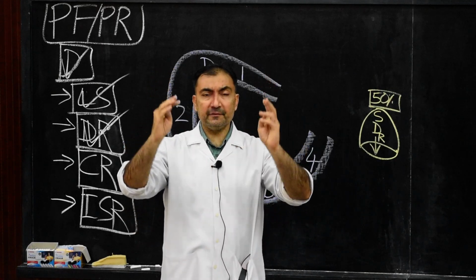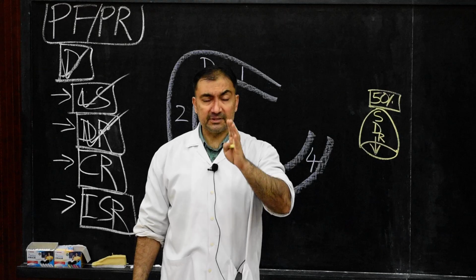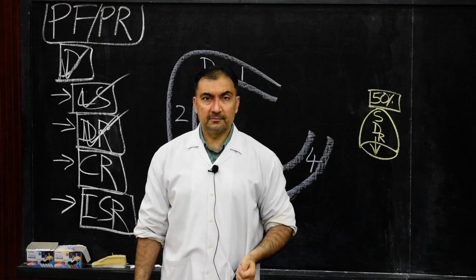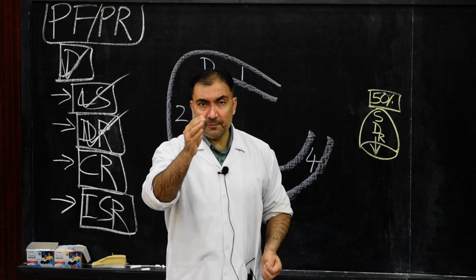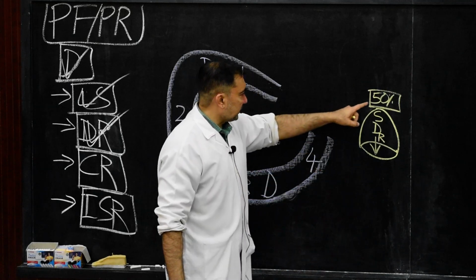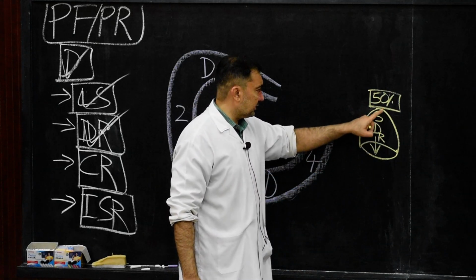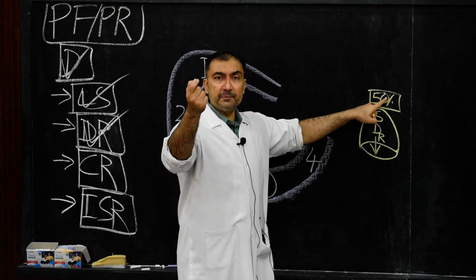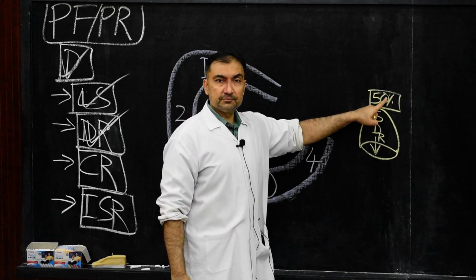Gradually in adult life they will disappear, but not all of them; some of them will persist. For those that persist, we are giving the numbers here: superior duodenal recess is present in 50% of the subjects.